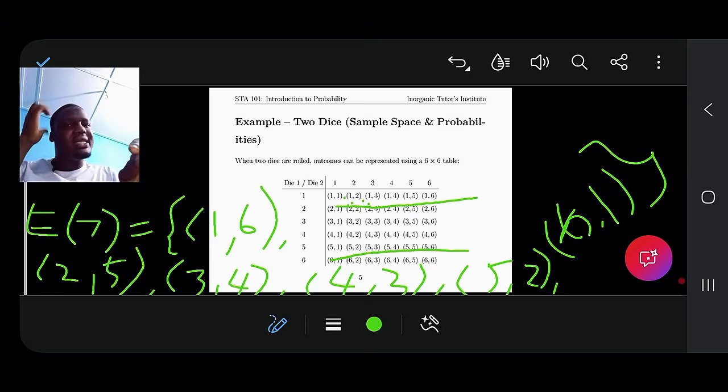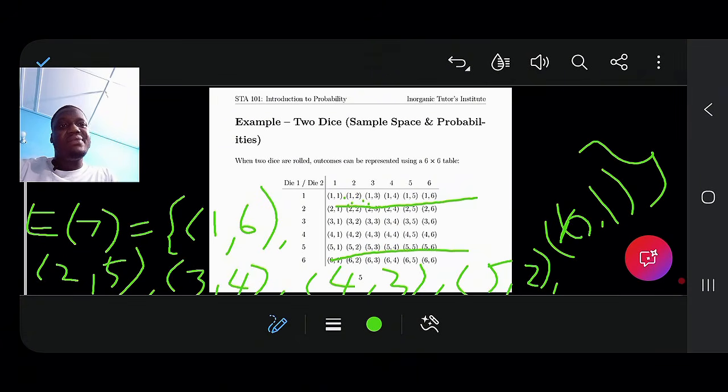So you can see this is a subset. It doesn't contain all the elements of the sample space. It contains some. But you should make sure that whatever is in the event can be found in the sample space. You can't go and write 7 0 as event of 7.